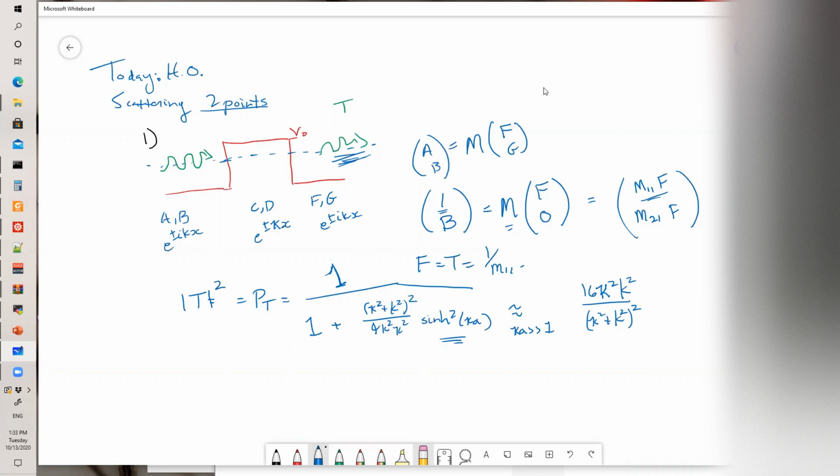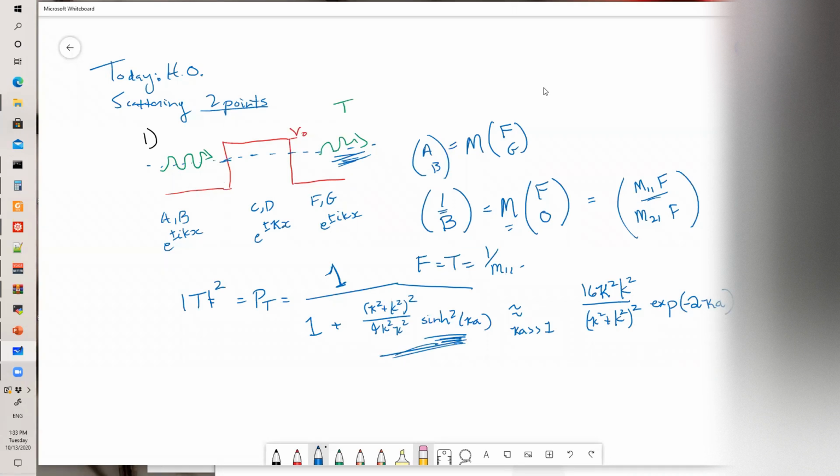So just the inverse here, and you get an extra factor of 4 here. But the point is that this sinh squared becomes an exponential squared, and so that gives you this e to the minus 2 kappa A, because it's 1 over the same. So this starts to dominate.